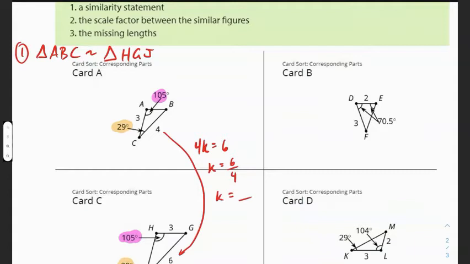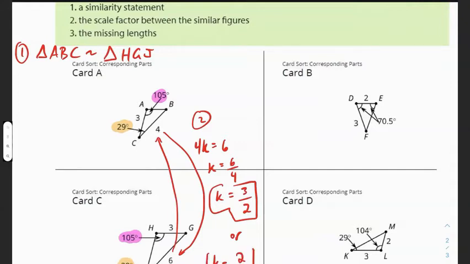I can reduce: there's 3 2's in 6, and 2 2's in 4. So that is the second part, your scale factor. If they were going the other way, big to small, then it'd be 2/3. If they were getting smaller, they'd be multiplying by a scale factor of 2/3. So just be aware of that.